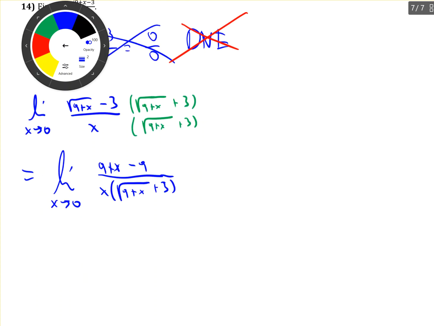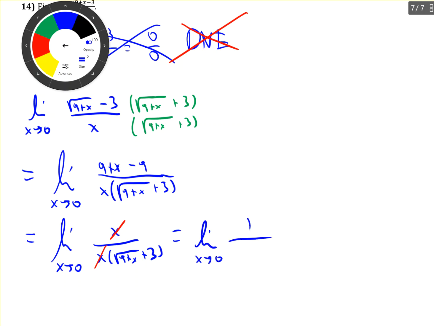So that's equal to the limit as x goes to 0 of x over x times square root of 9 plus x plus 3. Hopefully now you can see why I didn't multiply it through, because we can cancel those since we're under the limit, so what happens at 0 doesn't really matter. So that's equal to the limit as x approaches 0 of 1 over square root of 9 plus x plus 3. Make sure that's clear, that's a parentheses here.